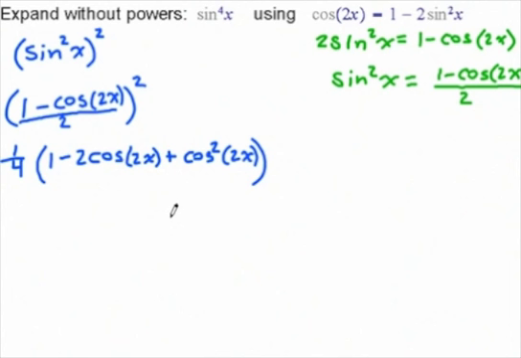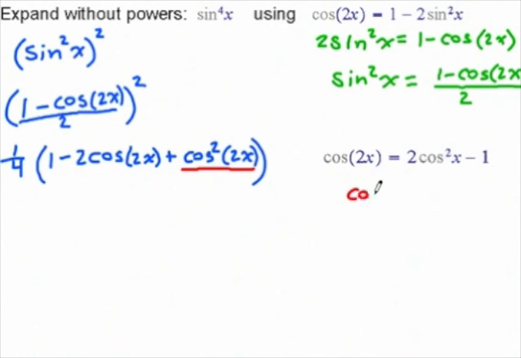Alright, now this still has a power in it. It's over here, cosine squared of 2x again. I'm going to have to use another identity to take care of this one. The other cosine of 2x identity that I'll need to use is the one with the cosine squared in it. So if I solve this one in terms of cosine squared, I'll add 1 to both sides, divide by 2.